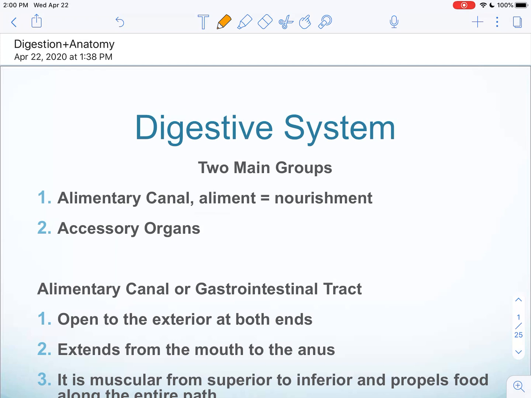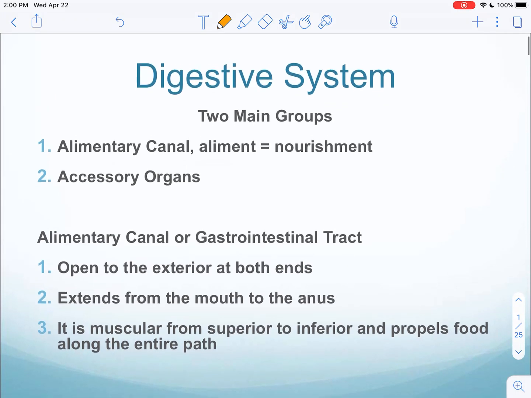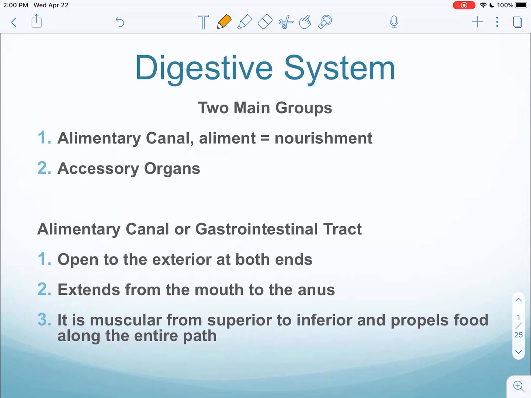So for the digestive system, we have two main groups that we can break the digestive system up into. We have what's called the alimentary canal, and the alimentary canal is the passageway, the digestive tract. It's the same thing. So that would be from mouth to anus.